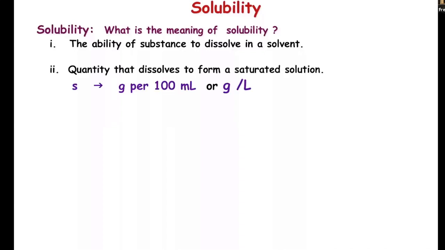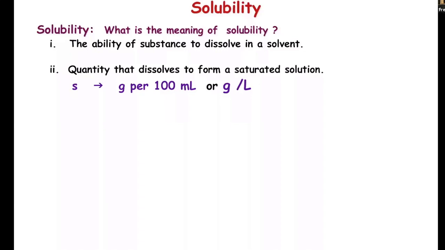So the second part, like right here, is that solubility is expressed in grams per 100 milliliters of water. When you see a value S, then generally it's going to be the mass of that substance in 100 milliliters of water. Okay, or you can express it as grams per liter.